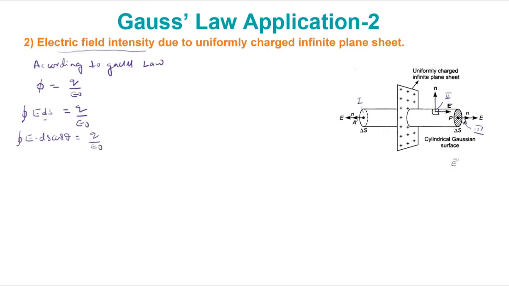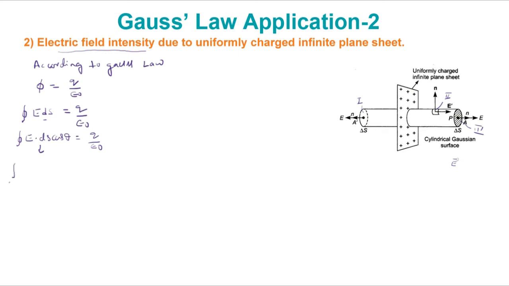Are you clear? So this is the total flux. Total means part first plus part second plus part third is equal to total. Now I will write separately.